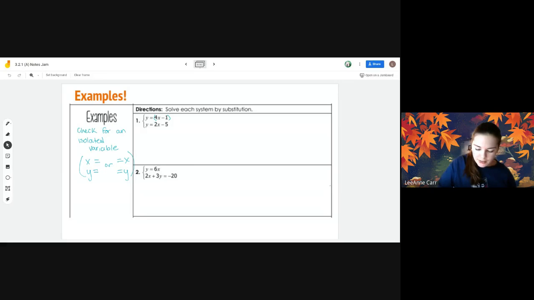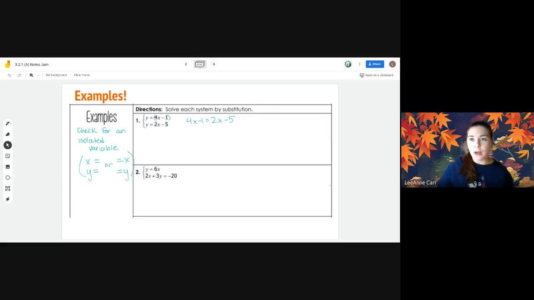I'm going to have, instead of y, 4x minus 1 equals 2x minus 5. All I've done, I've rewritten this bottom equation. I've just swapped out this y for the 4x minus 1. That is the hardest part of substitution, recognizing where you need to plug things in.